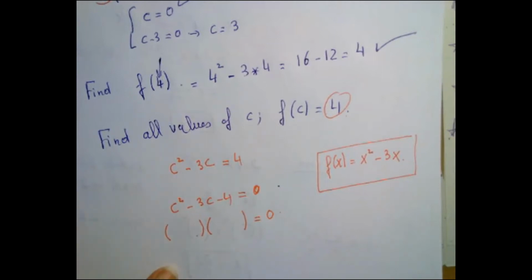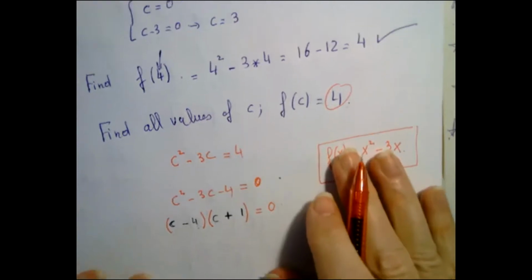Wouldn't you do c minus 4 and then c plus 1? Does it work? I don't know. I usually try, honestly, that's what I do. Let me see if he's right. c squared plus c minus 4c minus 4. Absolutely correct. It means, what are the values of c?